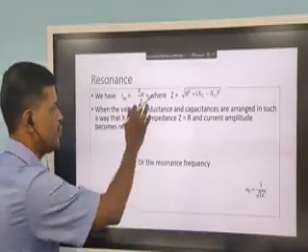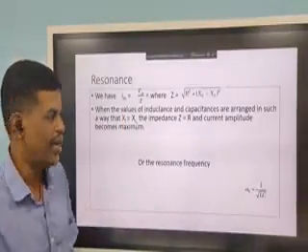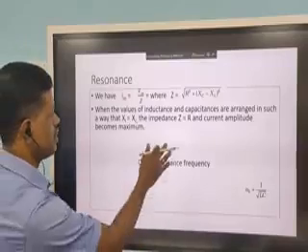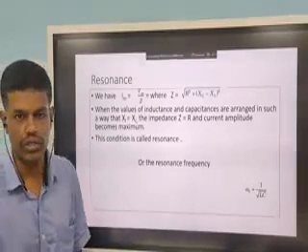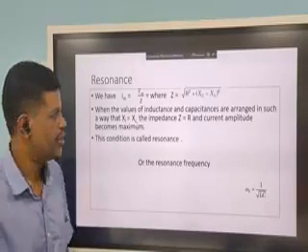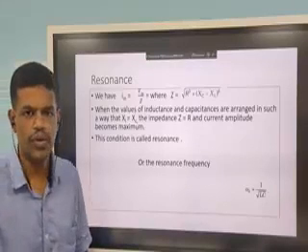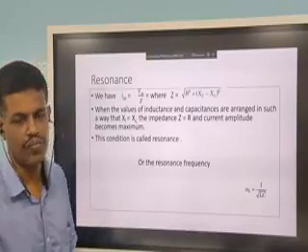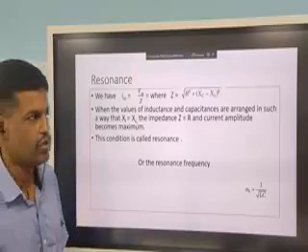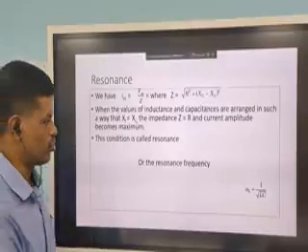Now Z is minimum and current is maximum. So this condition is called resonance. When Xc is equal to XL, impedance becomes minimum and current becomes maximum. This condition is called resonance in an LCR circuit.